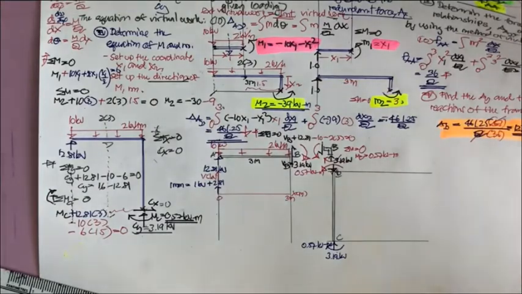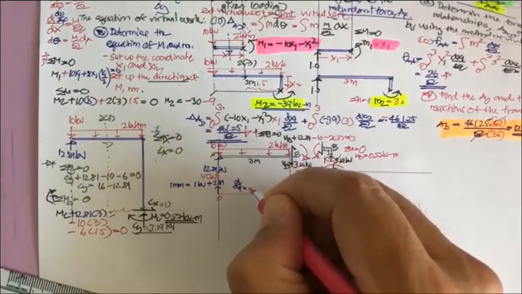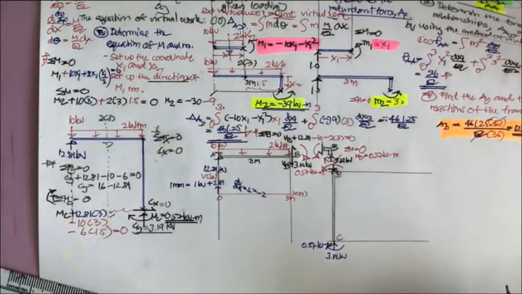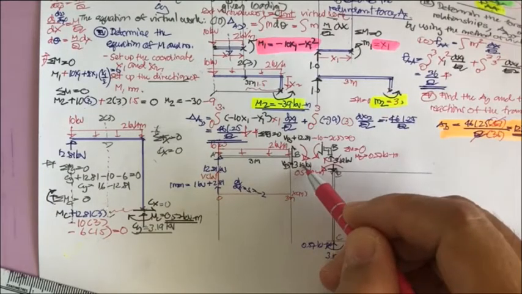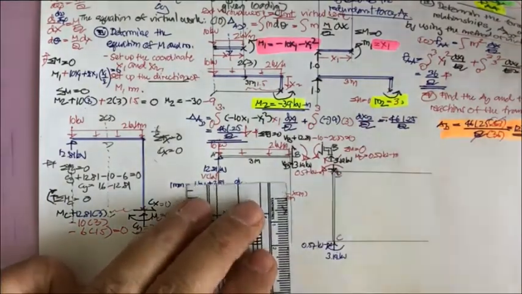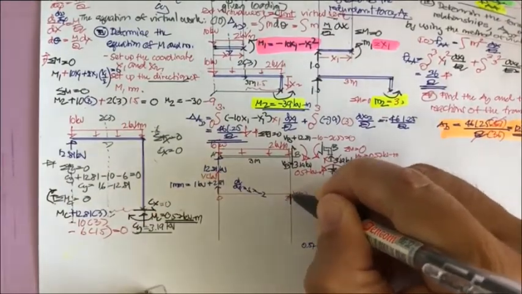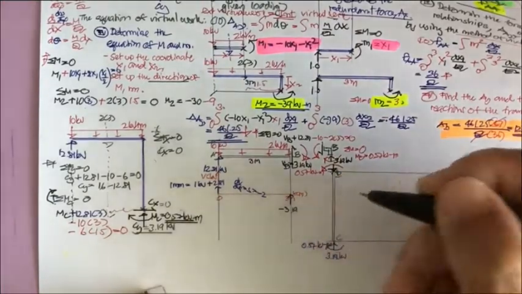Okay, so your dV by dx equal to slope equal to minus 2. And you also know that this is going to be 3.19 up. Actually, it's going to be something like this. And this is going to be minus 3.19.